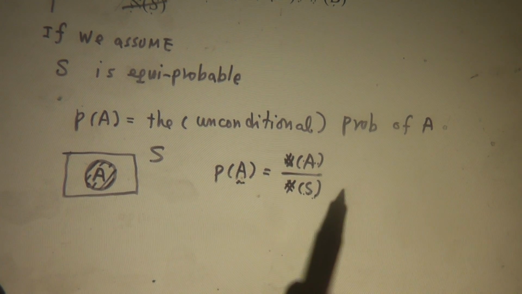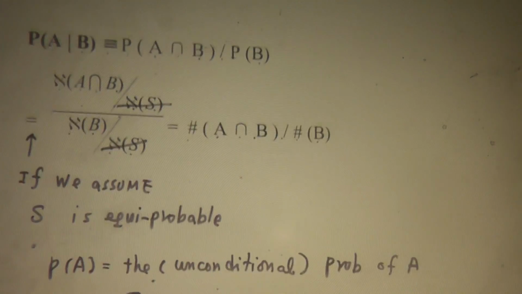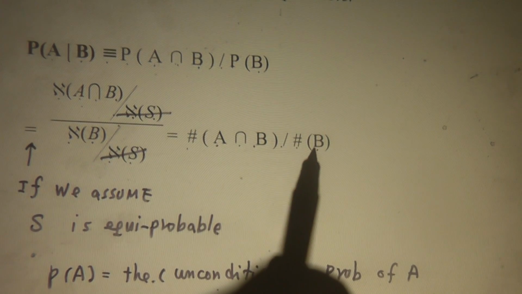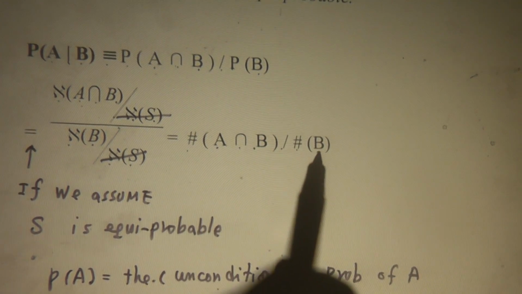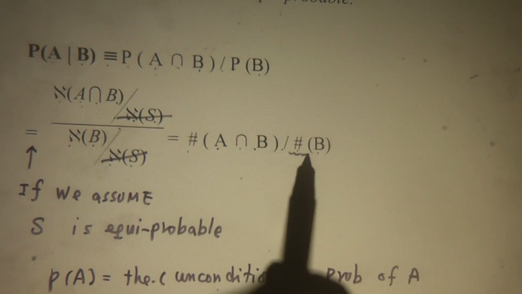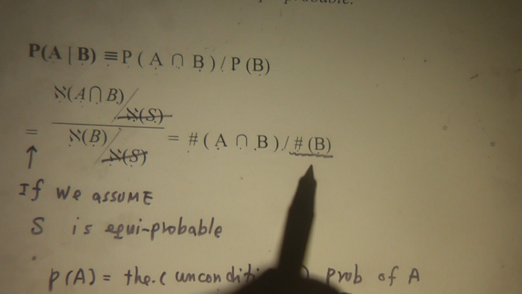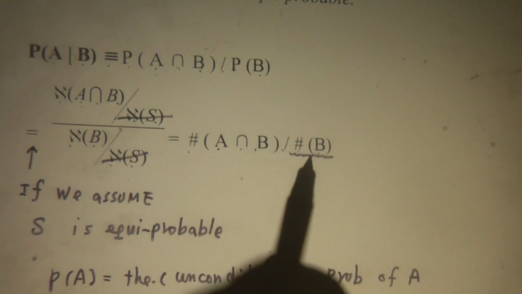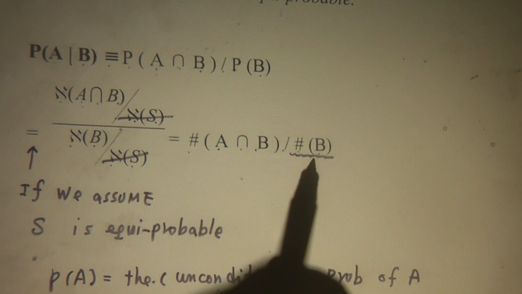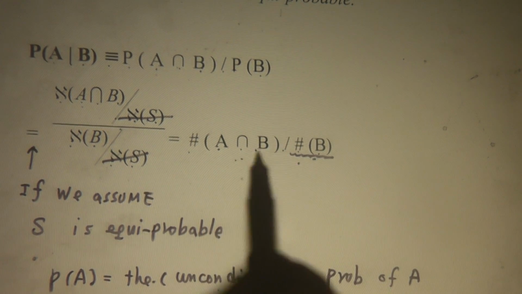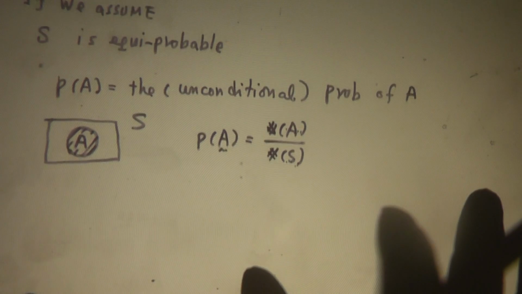However, this is not the case for conditional probability. In conditional probability, the comparison base is no longer how many outcomes are in the sample space. Instead, it becomes how many outcomes are in B. And what is the meaning behind this? Let's look at the picture.